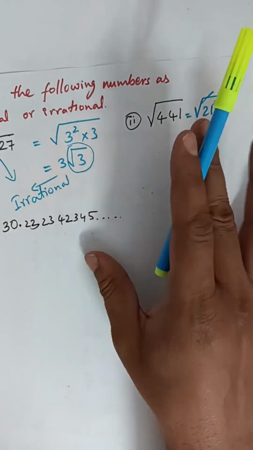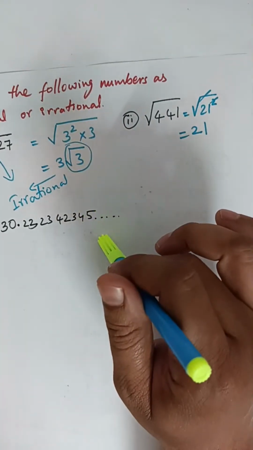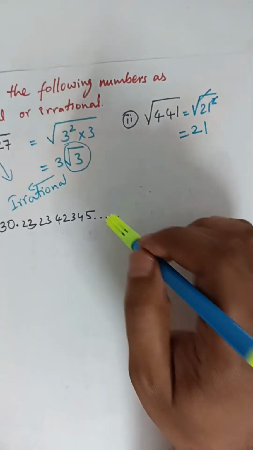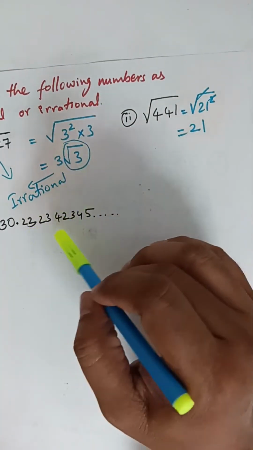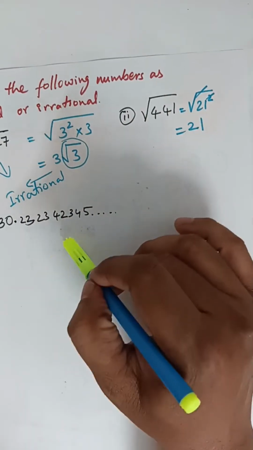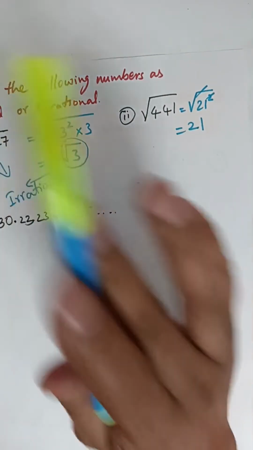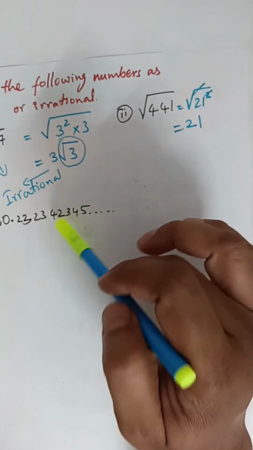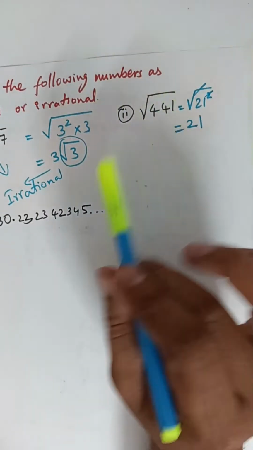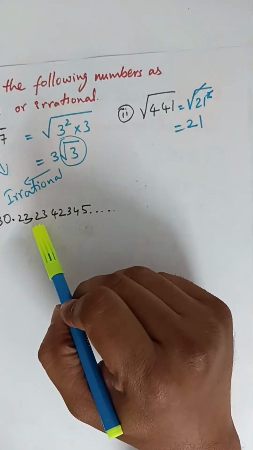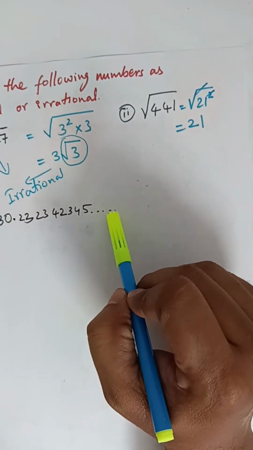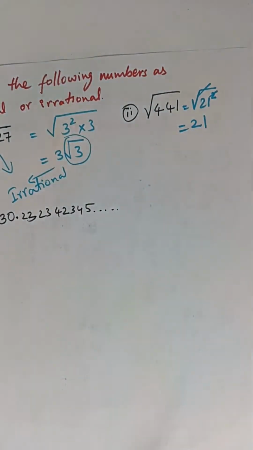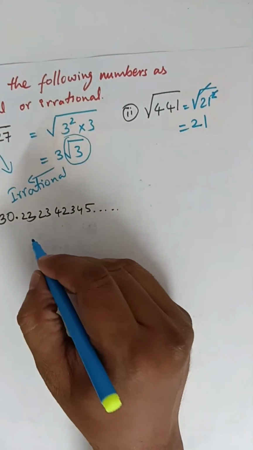For this question, yes, it is irrational. Okay, but not always the non-terminating numbers are irrational. If the decimal part is repeating and non-terminating, that also called rational. But if it is not repeating, non-terminating, it is irrational. So this is what 2323 only repeated, then it's not repeated. Okay, it's not repeated, but it's non-terminating, so it is irrational.